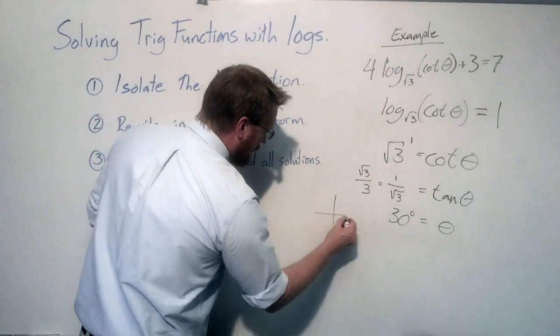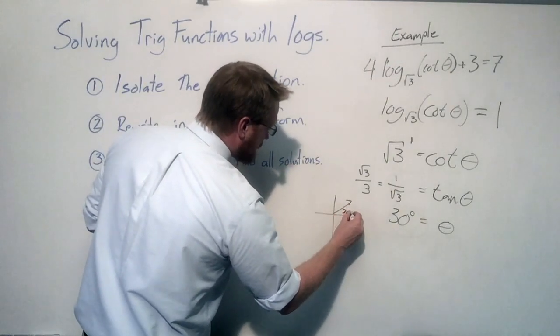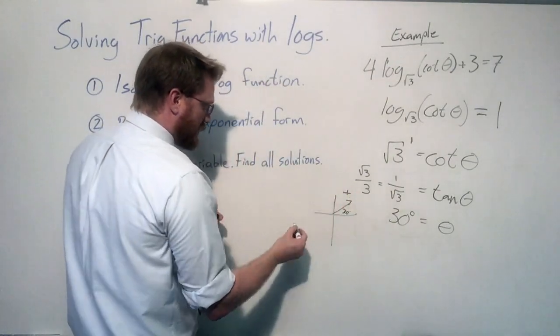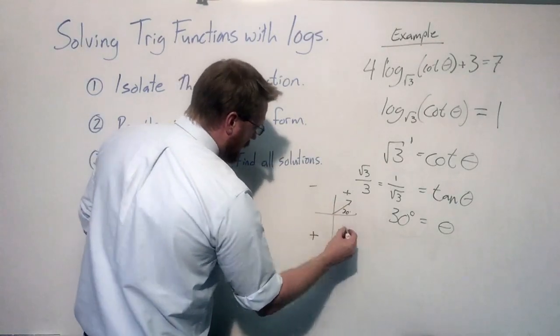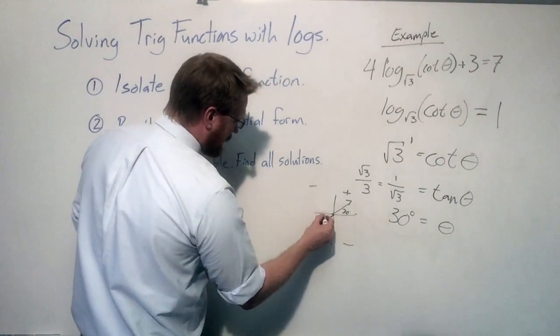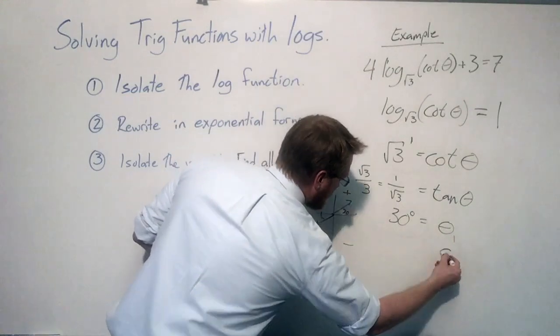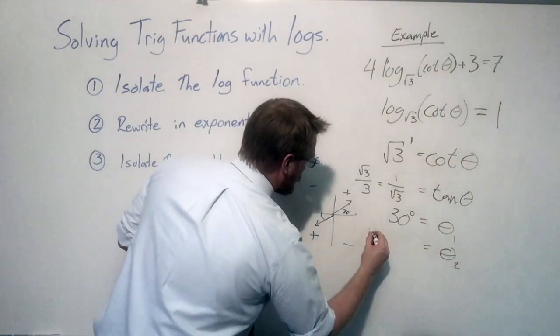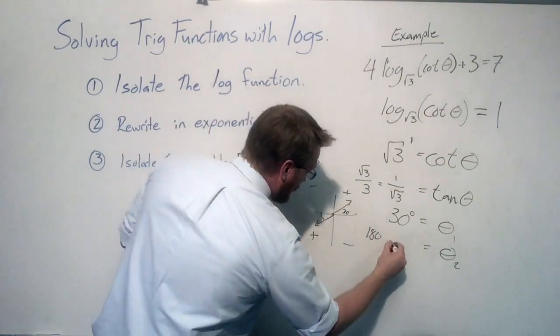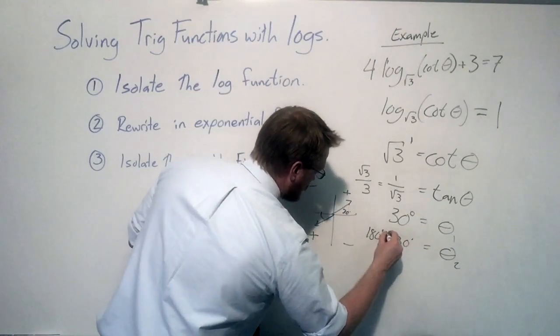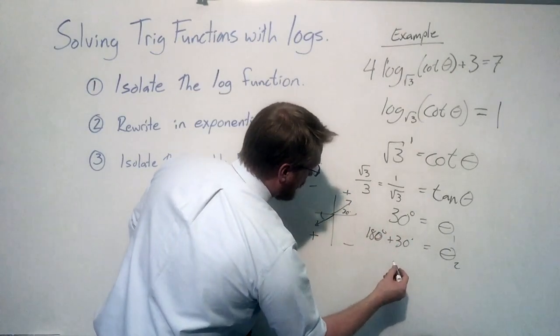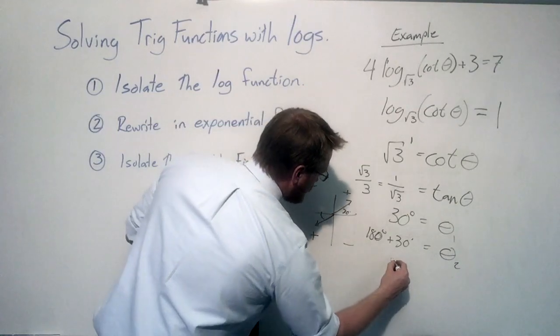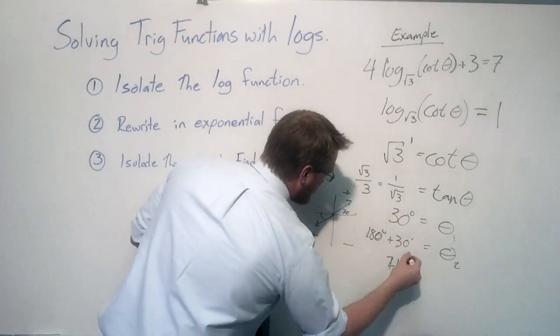For tangent, 30 degrees comes out of a positive quadrant, which matches with the third quadrant for tangent, and so I want to make sure I go 30 past the x-axis for my matching answer, my secondary answer. So it's going to be 180, 30 more than 180, addition, and that's going to give me my 210 as my second answer.